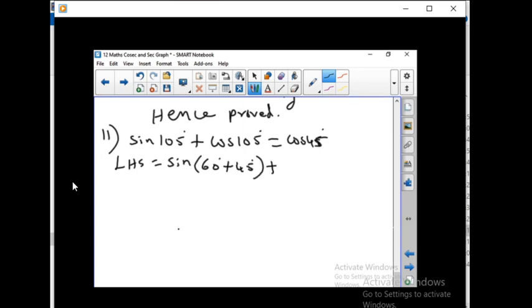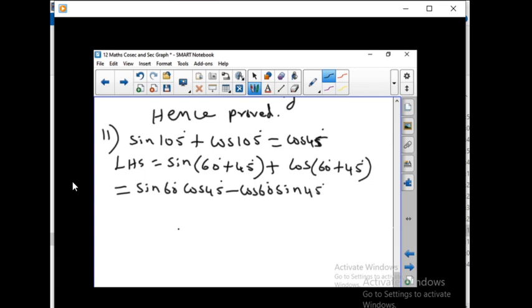So cos 105 is also cos 60 plus 45. So using sin alpha plus beta formula, it is sin 60 cos 45 plus cos 60 sin 45. Then cos alpha plus beta, we have cos 60 cos 45 minus sin 60 sin 45.